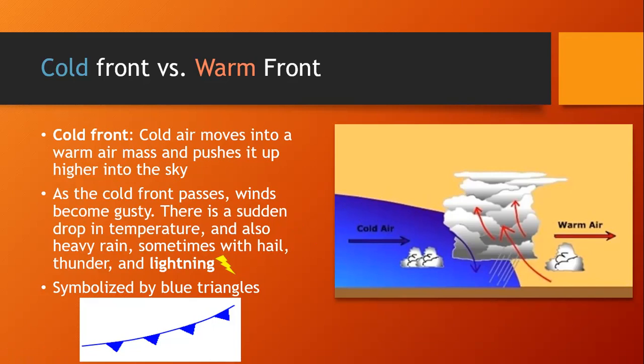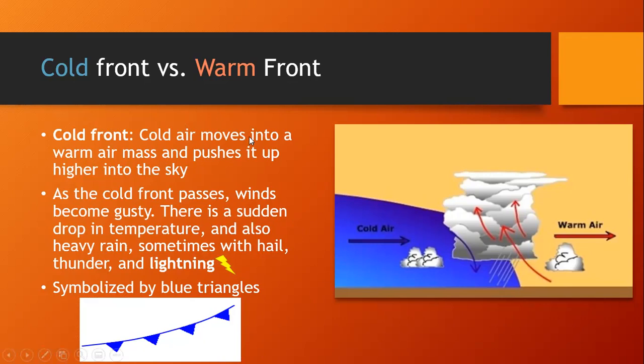So for a cold front, the cold air moves in. And what cold fronts produce is more gusts, sudden drop in temperature, heavy rain, sometimes hail, and lightning. Cold fronts produce lightning more so than warm fronts. So make sure to note that.